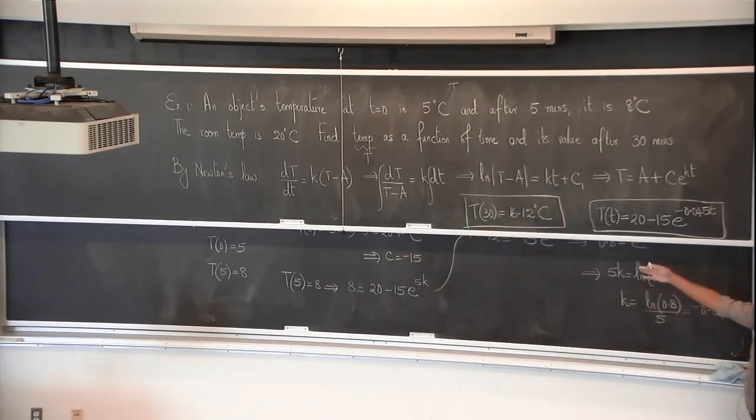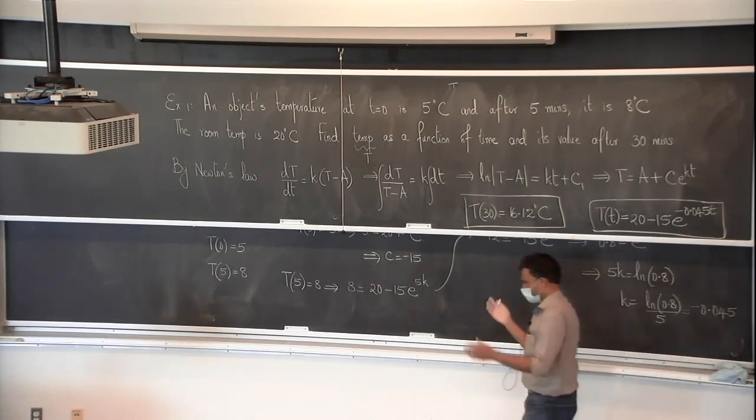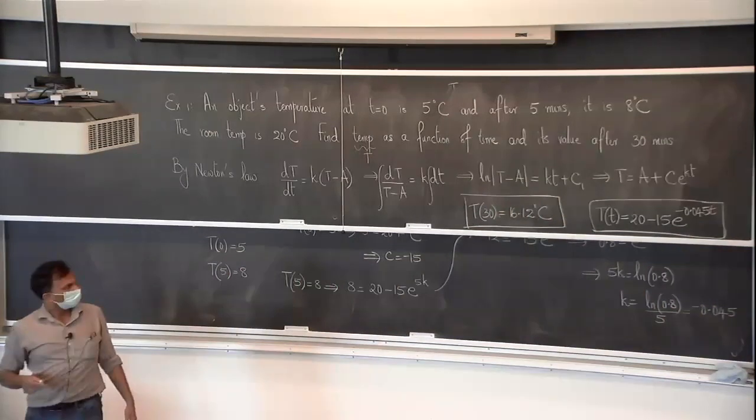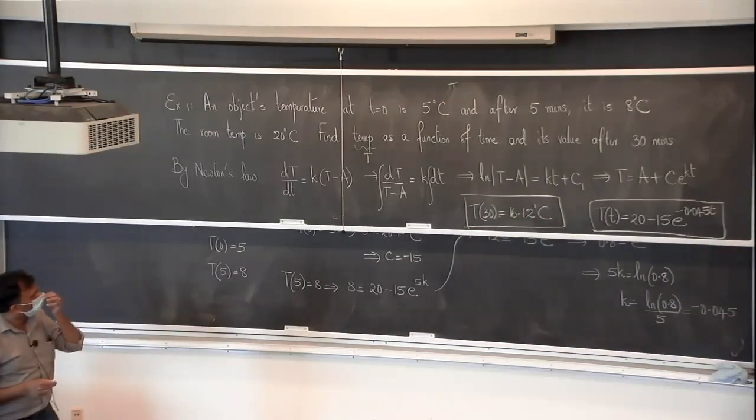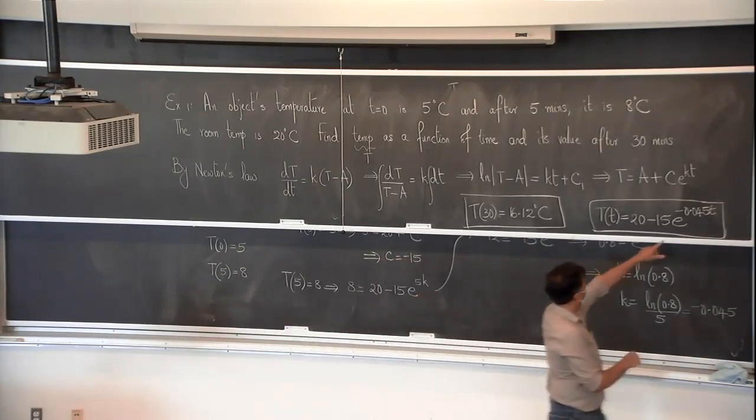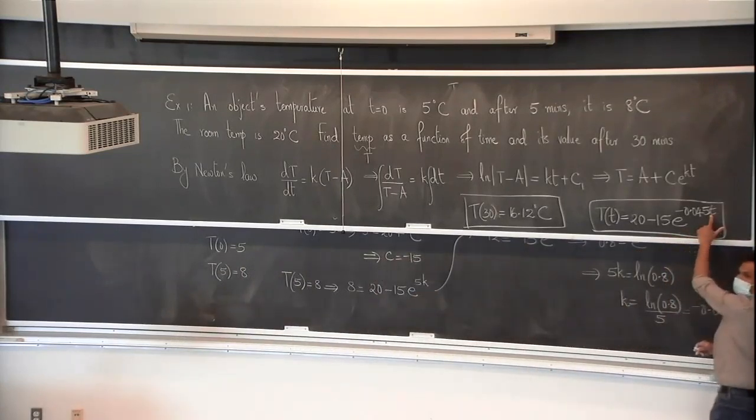Now, if you get the answer to this question as, say, 5,000 degrees Celsius, something is wrong. So just check your calculations. Don't just say, oh, that's how math works, we get weird things. The limiting case is when t goes to positive infinity. That's never going to be achieved mathematically.